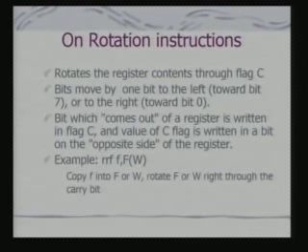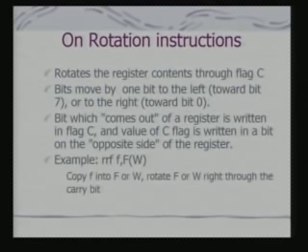The bit which comes out of a register is written into flag C, and the value of the C flag is written into a bit on the opposite side of the target register. That means the original content of C now becomes the least significant bit or the most significant bit of the target register.